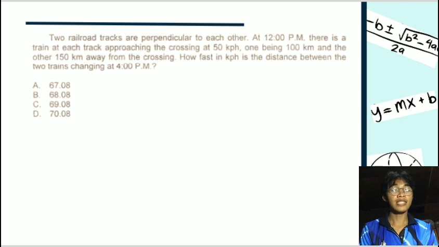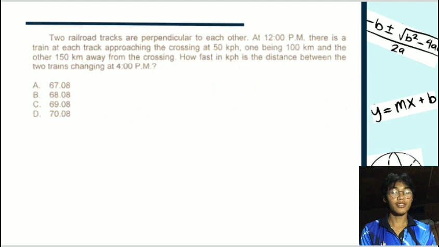How fast in km per hour is the distance between the two trains changing at 4 p.m.? We have four choices. The first one is A, 67.08, B 68.08, C 69.08, and D is 70.0.